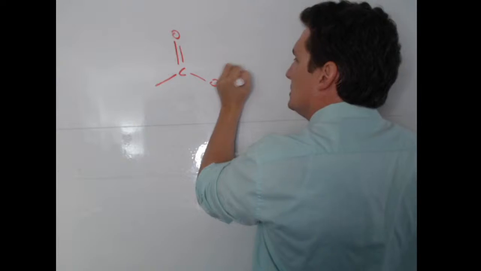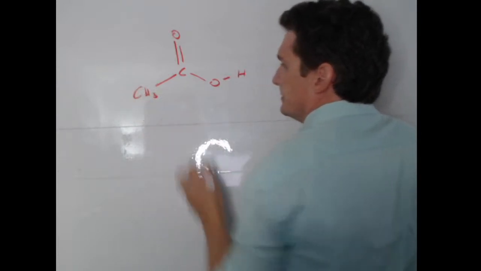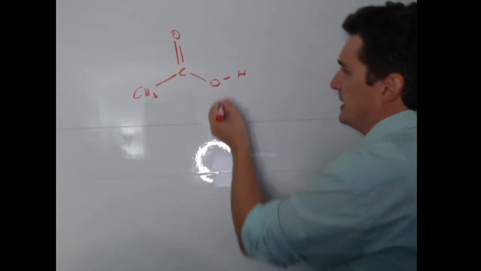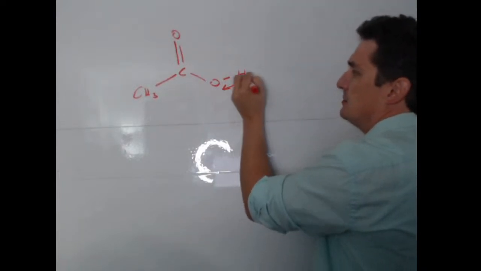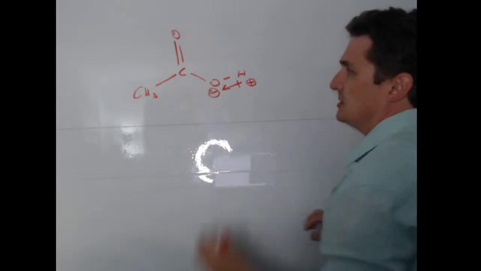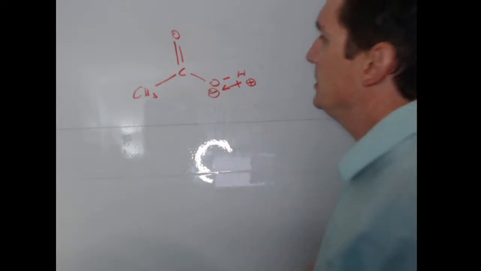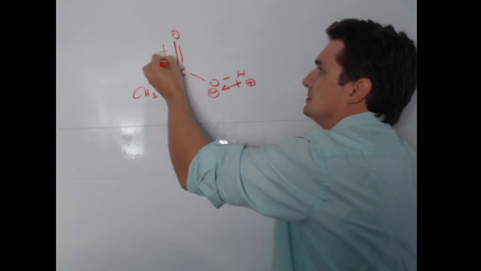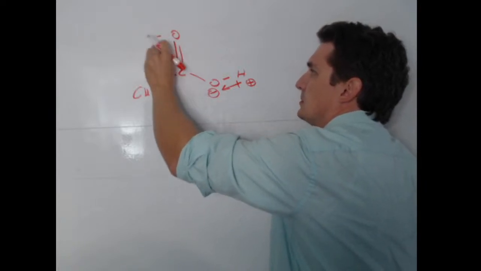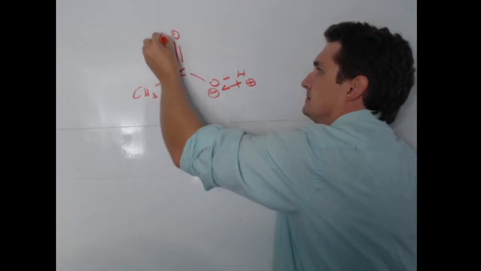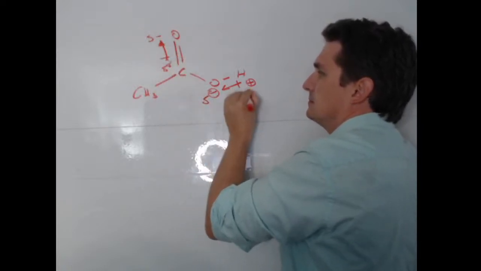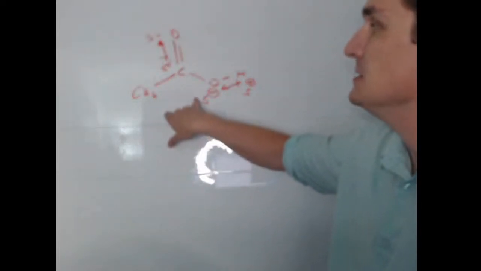So let's look at acetic acid. Acetic acid is an acid because of the strong polarity difference between the oxygen and the hydrogen. And this ends up being a very polar molecule, because of all the electronegativity differences.